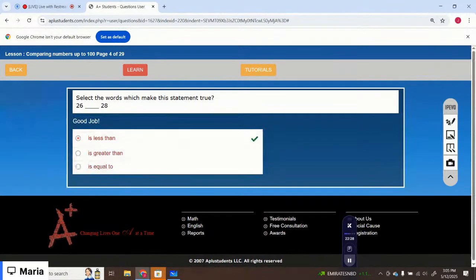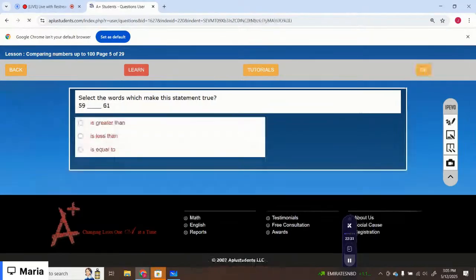Next, select the words which make the statement true. 59 and 61.